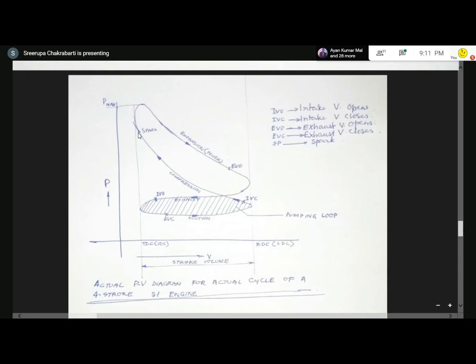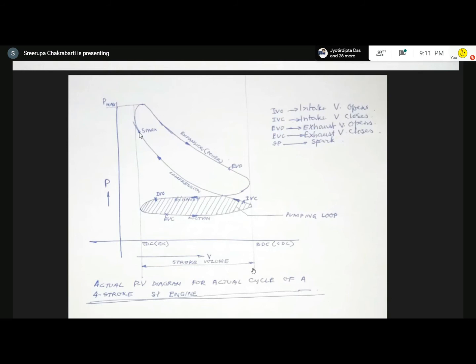After the spark occurs, the combustion does not start automatically. There is a lag, an ignition lag period. We require some time for the combustion to start, because a lot of chemical reactions, called preliminary or preparatory reactions, occur in the air-fuel mixture.